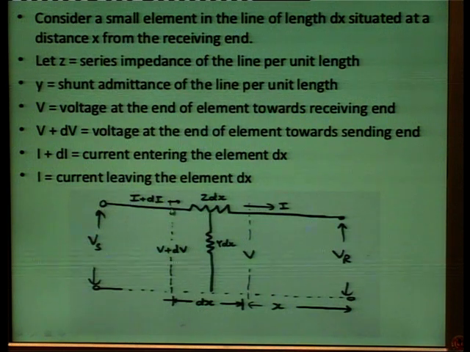So, if I plus dI enters the element z dx, then the current leaving is I, which means dI has been used in the shunt element. Similarly, V plus dV is the voltage before the z dx element and V is the voltage after the element, so dV is the voltage drop in the z dx element.